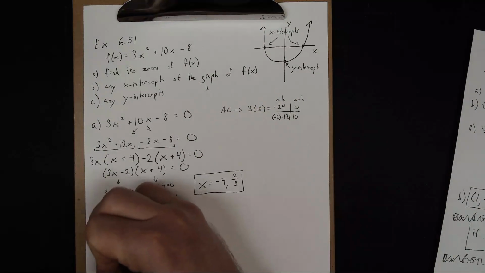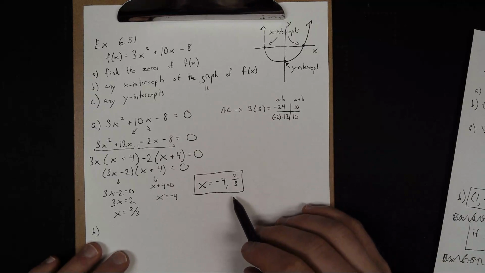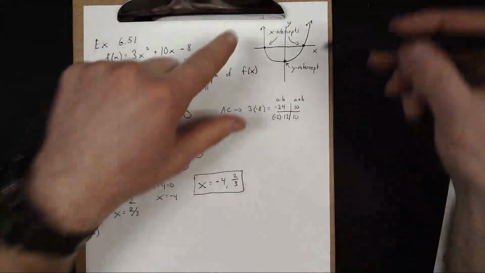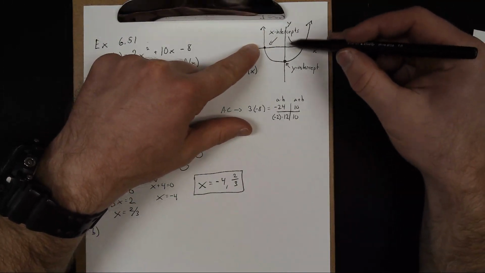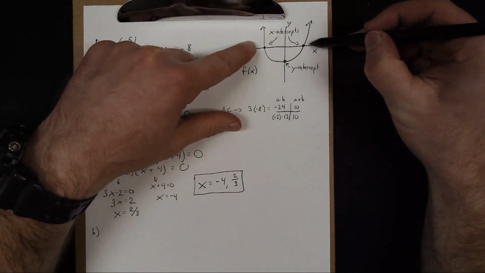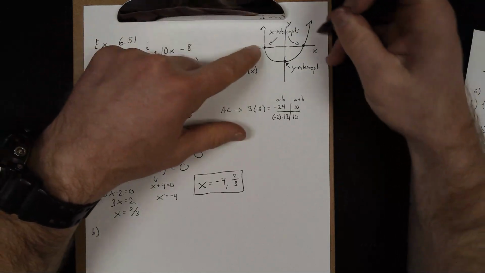B, let's think about what these values actually mean. At these values, f of x is equal to 0. We look back up here. At our x-intercepts, isn't f of x, or in other words, isn't y, equal to 0? It is.